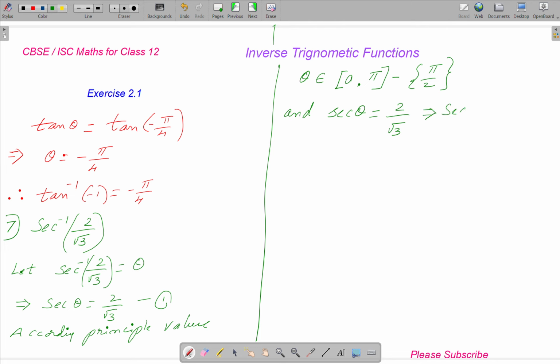That implies sec theta is equal to sec pi by 6. That implies theta is equal to pi by 6. Therefore, sec inverse 2 by root 3 is equal to pi by 6.